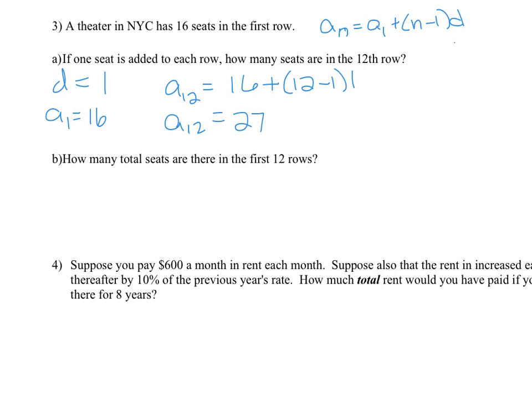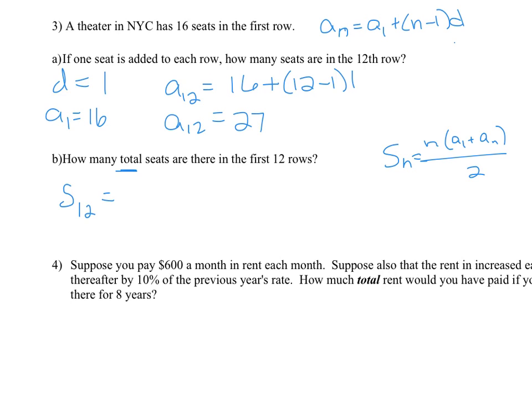Okay, how many total seats are there in the first 12 rows? So total seats should be your cue that you're going to use the sum of the first 12 rows. Okay, so we just use our pieces. Again, our formula S sub n equals n times a1 plus an, divided by 2.